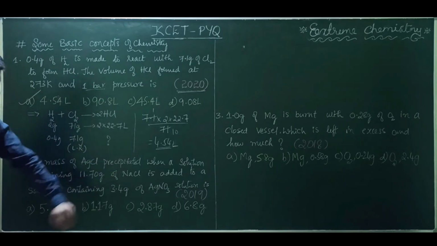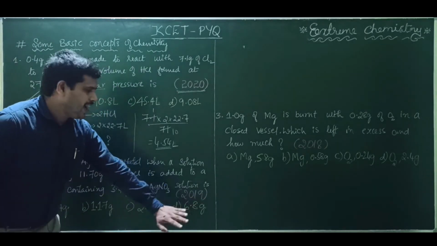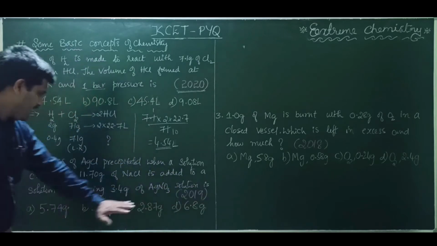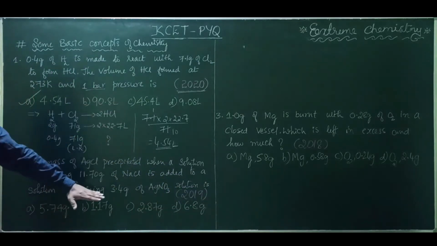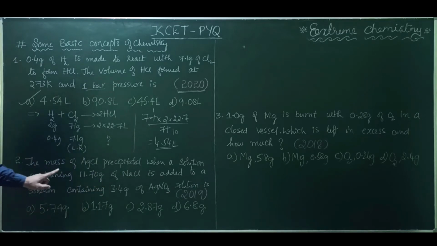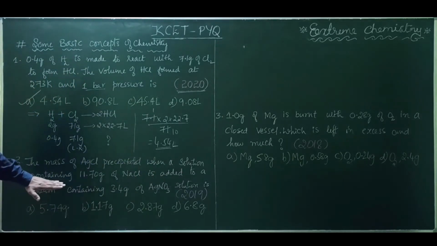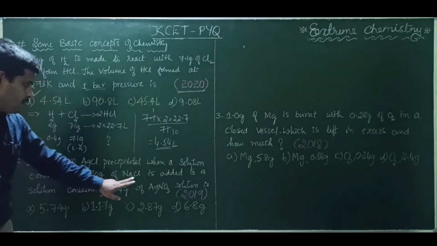If you go to the year before that, 2019, you will definitely be surprised, because the same concept is asked in that year as well. What is that? The mass of AgCl precipitated when a solution containing 11.7 gram of NaCl.